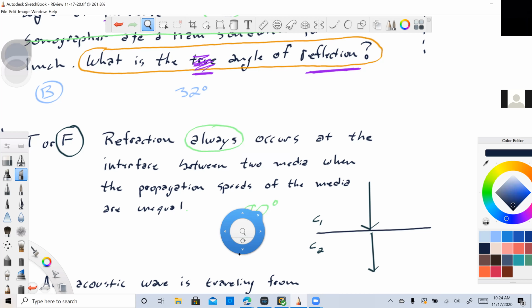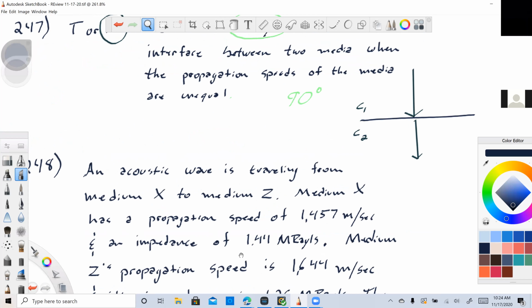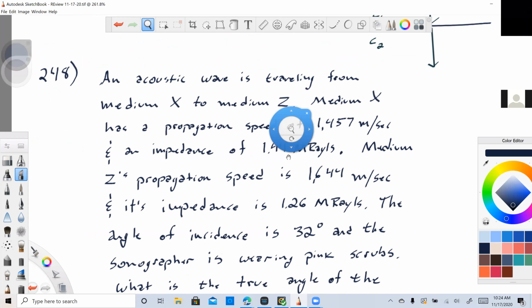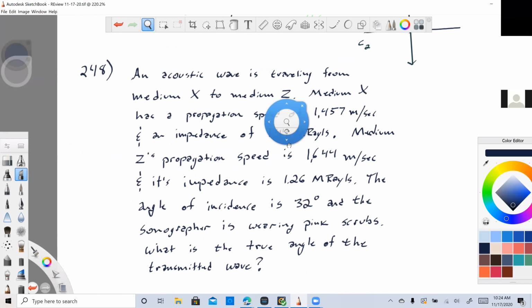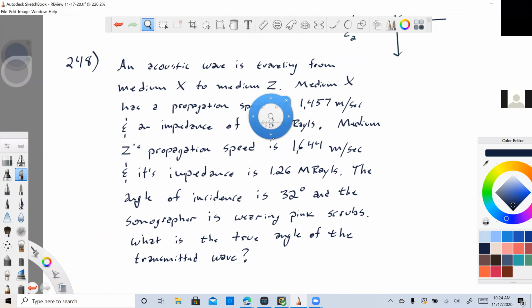And then for the last one, I pretty much just copied and pasted this question. Once again, an acoustic wave is traveling from X to Z. Medium X has a propagation speed of 1457 and impedance of 1.44 megarayls. It's the same exact question so far. Medium Z's propagation speed is 1644 meters per second. Its impedance is 1.26 megarayls. The angle of incidence is 32 and the sonographer is wearing pink scrubs.